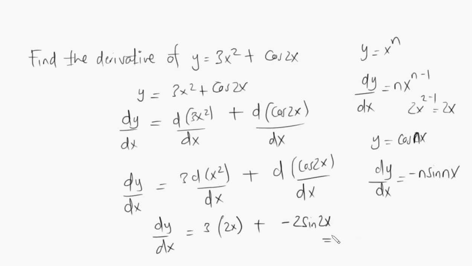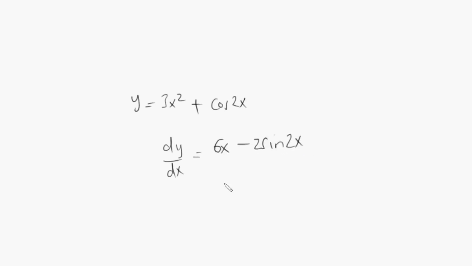It's going to be equal to 6x minus 2 sine of 2x. So this is dy dx. We have obtained that when y equals 3x squared plus cos of 2x, our dy dx will just be equal to 6x minus 2 sine 2x.